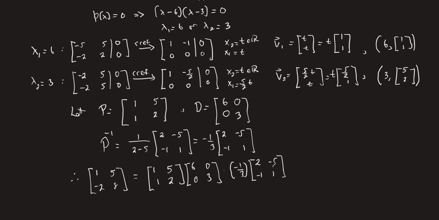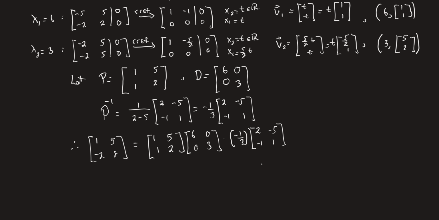Now, we have some algebraic properties that allow us to handle this negative 1/3 more efficiently. One thing we can do is take this scalar multiple and put it in front of our product. For the other two, which are matrix products, we have the associative property that allows us to group them however we like.